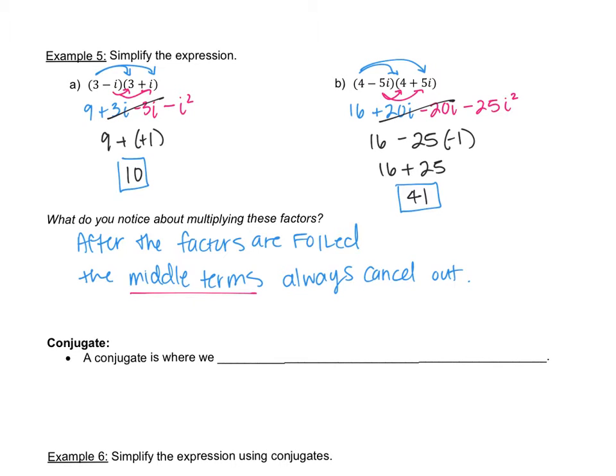Well, because the middle term is the one that has just i to the first power. If the i's can cancel out, that means I'm back to real numbers. Both of these were real answers at the end. So sometimes, even though we have imaginary components or imaginary numbers, it doesn't mean that our final answer will be an imaginary number. Sometimes it can go back to being a real number. And that's why imaginary numbers are significant to mathematics, because they can help us get back to real values or real numbers.